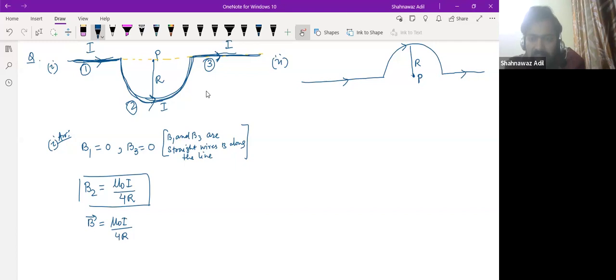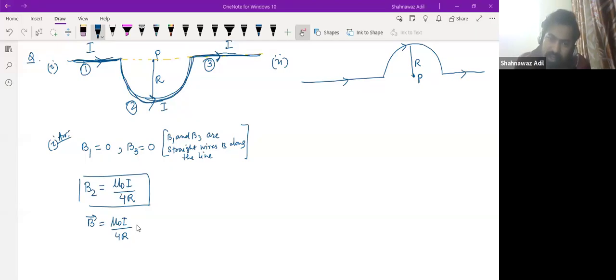So we have to place our right hand and curl our fingers in the direction of the current. What is the direction that you are getting? So the magnetic field is going this way, so it is going outwards. This is outward, so I can write it as k hat. I can also write it as a dot.